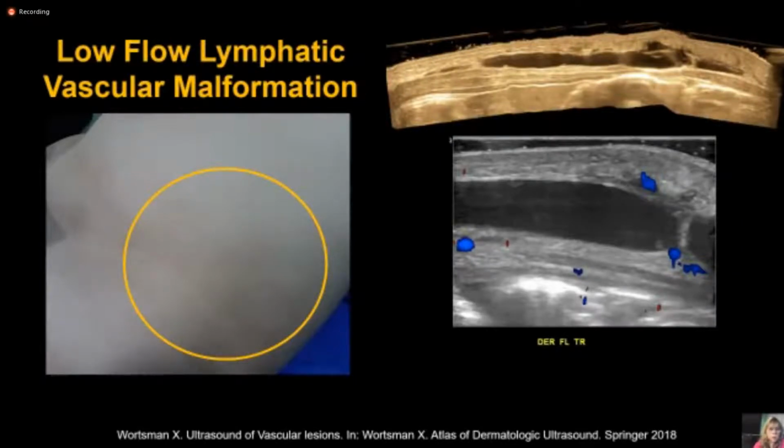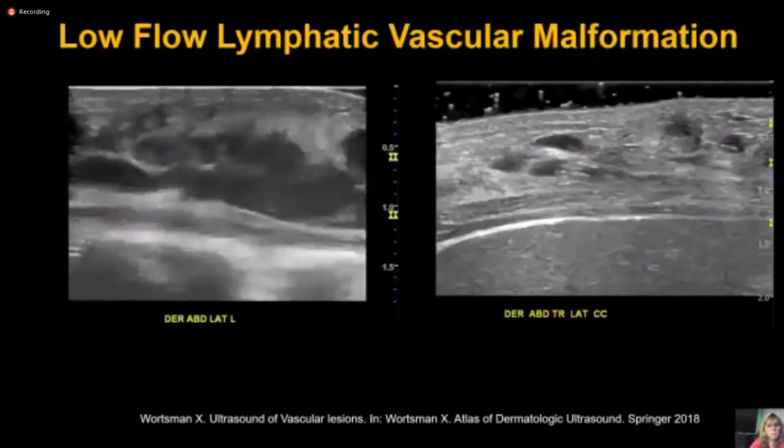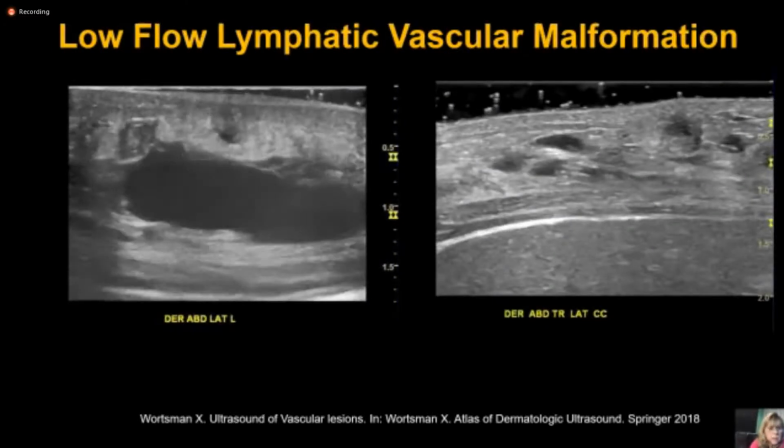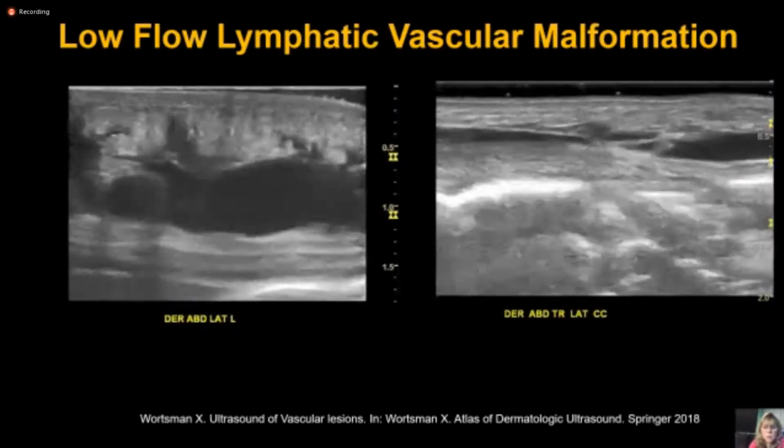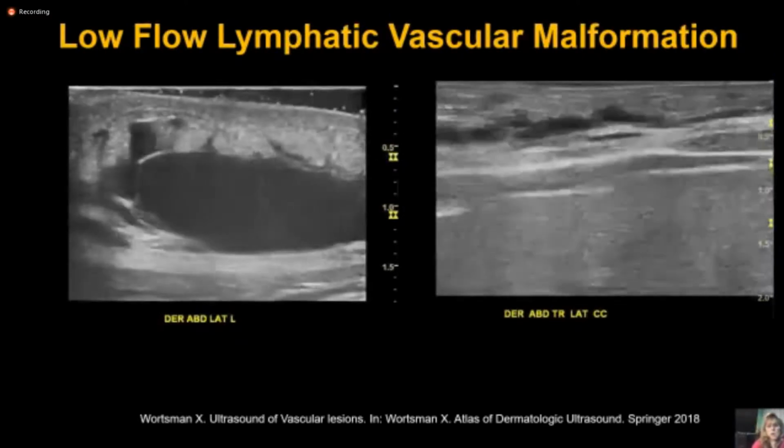Another vascular malformation is the lymphatic one. This is a low flow, and usually it appears as lacunar or tubular anechoic structures, and normally it doesn't show blood flow on color Doppler. This is a case. You can see the lacunar structures in the videos.